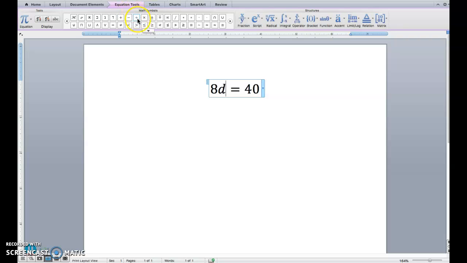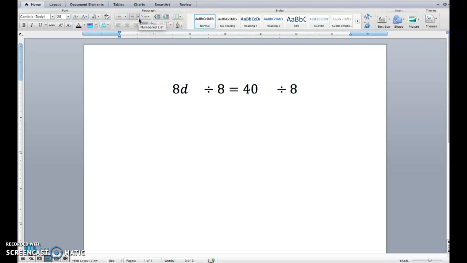To undo multiplying by 8, I need to divide by 8. So I'm going to do divided by 8 on the left side of my equation. I need to do the same thing. I need to keep both sides of the equation to mean the same thing. So I'm going to divide by 8 on the right side of my equation. All right, cool.